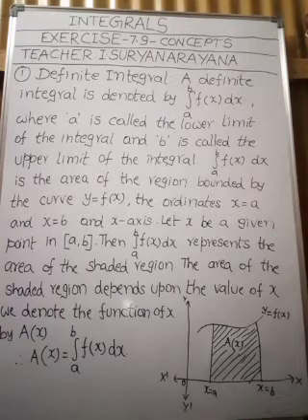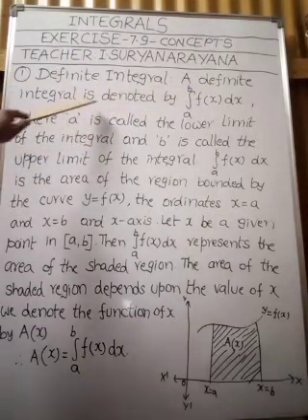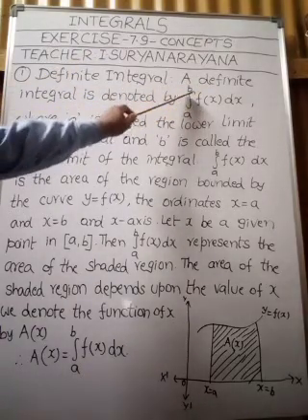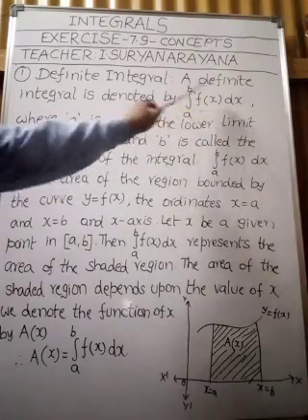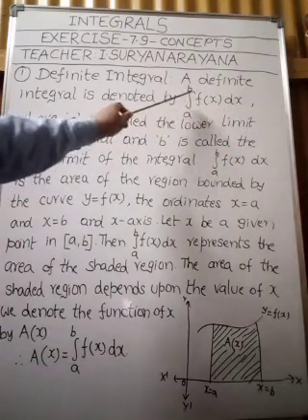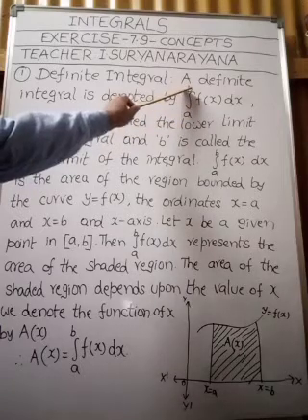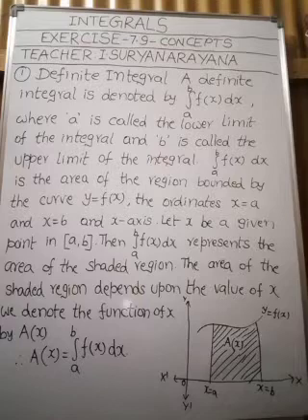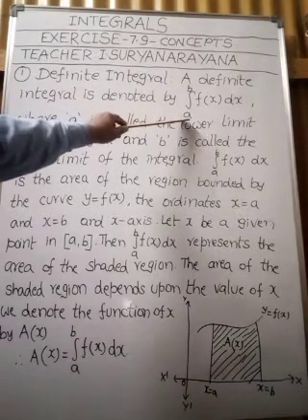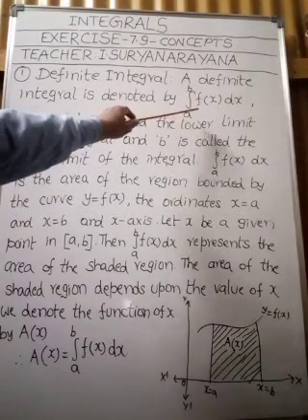A definite integral is denoted by integral a to b f of x dx. This notation is read as integral a to b f of x dx. Please remember this notation. How to read this notation?